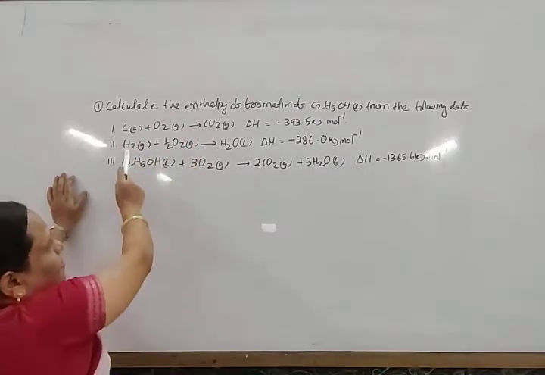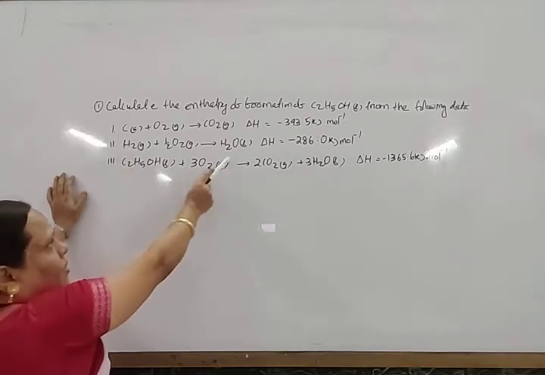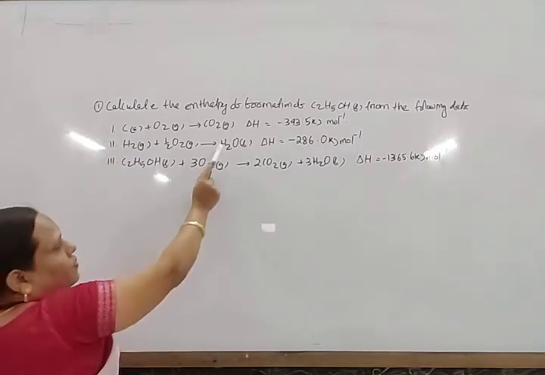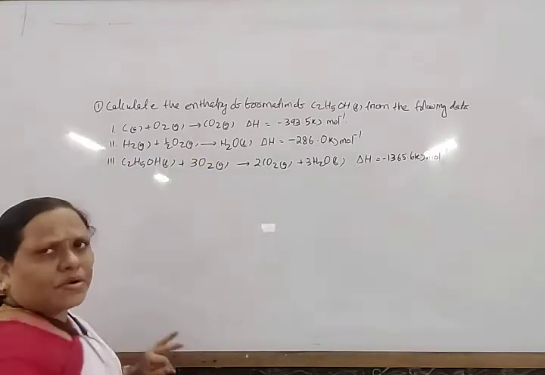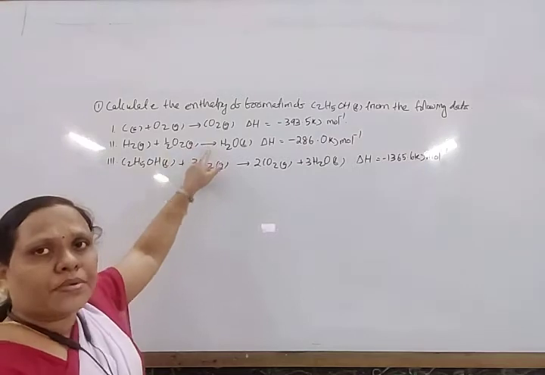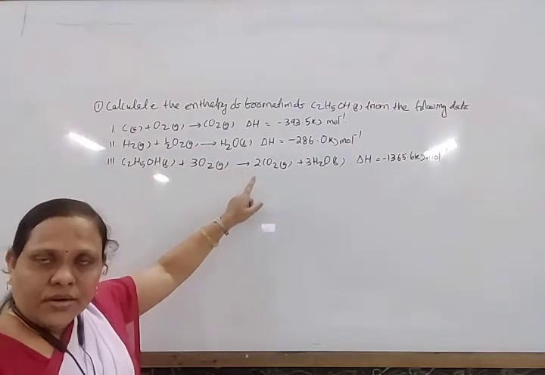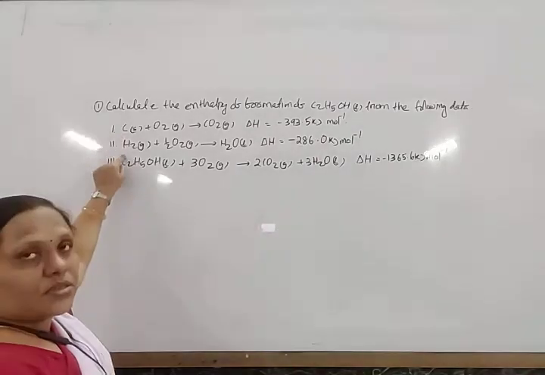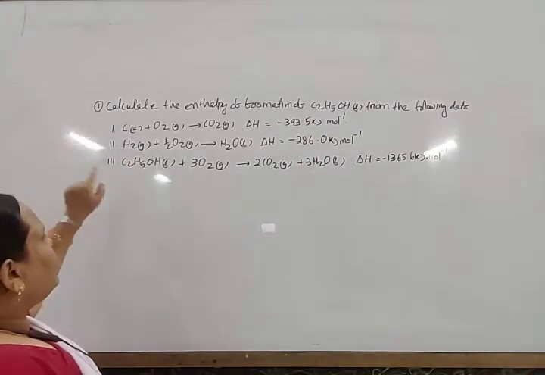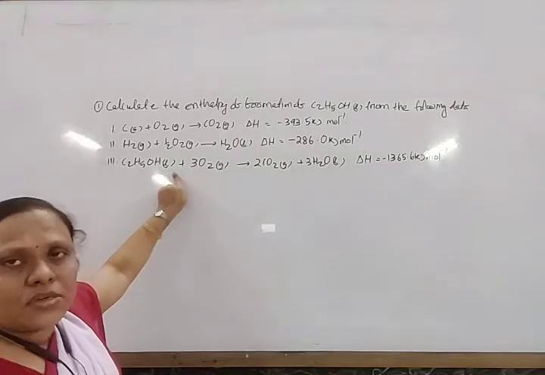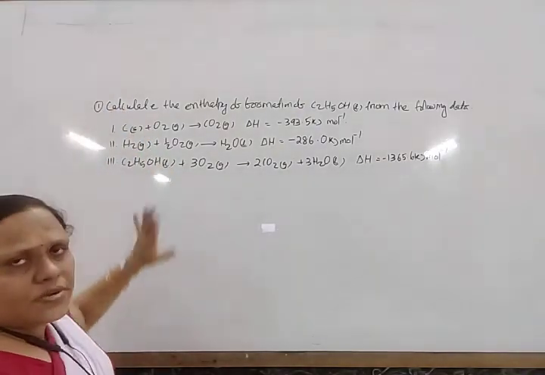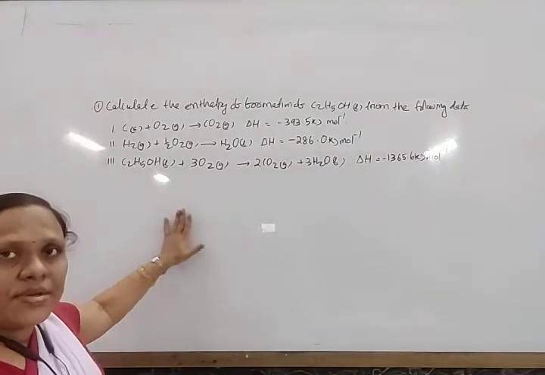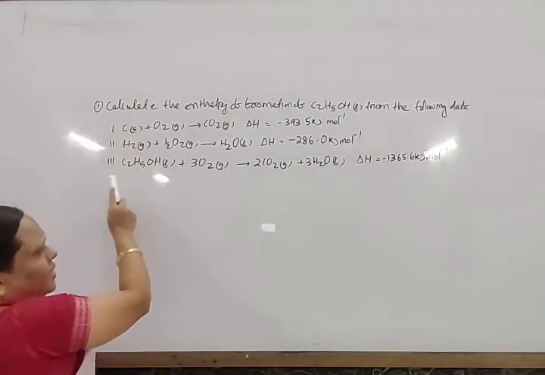This is the enthalpy of formation of water, or enthalpy of combustion of hydrogen, because 1 mole of water is formed and 1 mole of carbon dioxide is formed. And here the enthalpy of combustion of ethanol is also given. So for uniformity, I can say the enthalpies of combustion are given for carbon, hydrogen and ethanol.